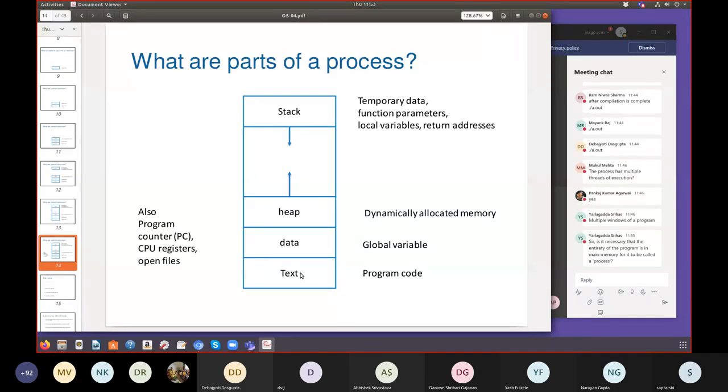So maybe Sriyas, just unmute yourself. Hello, sir. Am I audible? Yes. I was referring to the entire part, sir, including the stack, heap and everything. Usually, they're a part of main memory. Does it have to be completely in main memory, or can some variables still be on the secondary memory, like in a disk, and still be classified as a process?